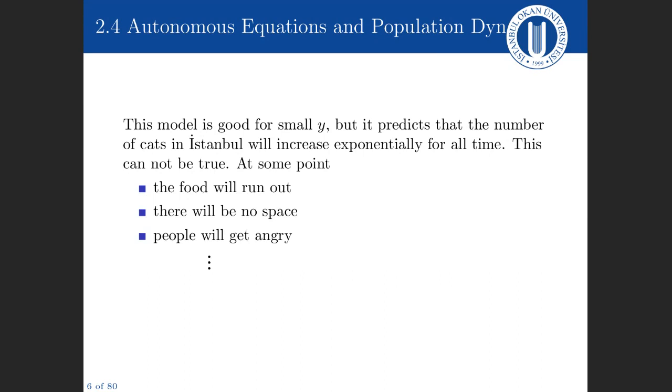At some point, this is not going to be true. The food will run out, or there'll be no space to fit cats in, or people will be angry with cats, or lots of things that could stop the number of cats increasing once we get to a huge number of cats. So we're going to need a better model than this.